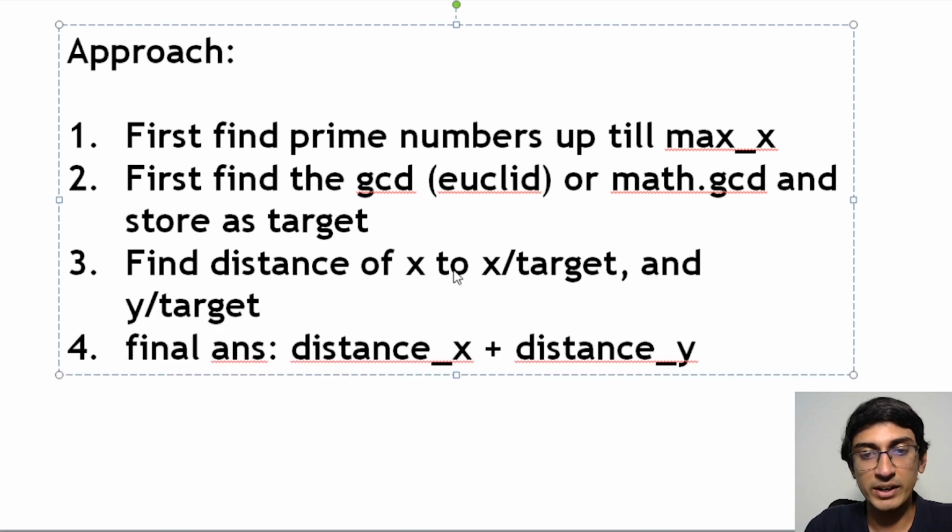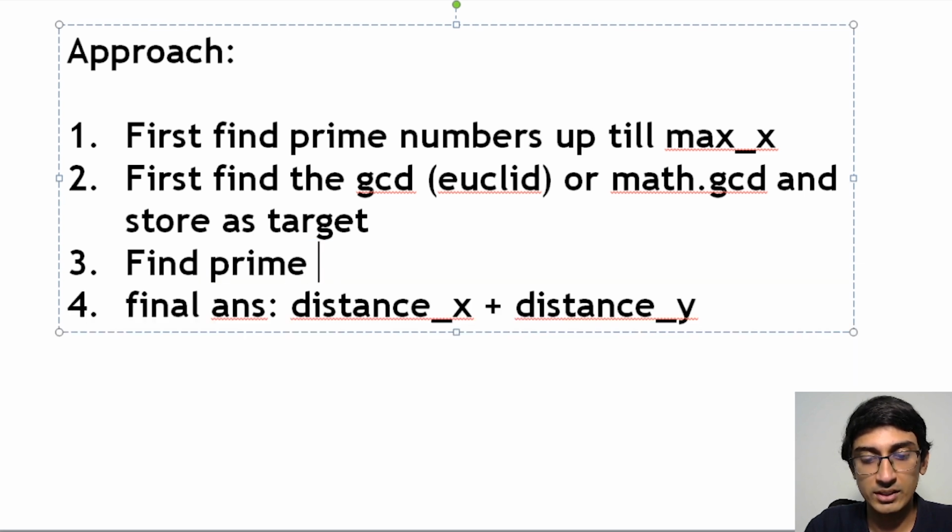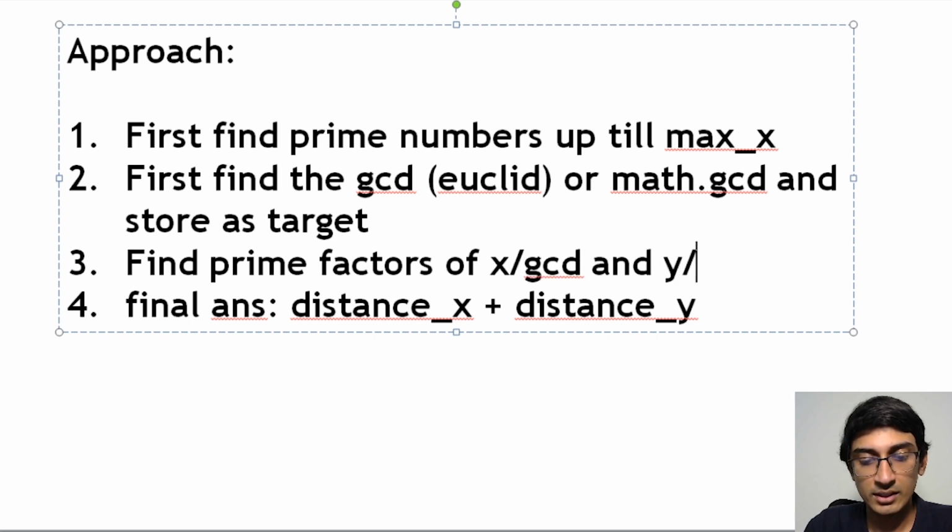So find distance of x to target and y to target is nothing but, for example, if you have to reach 20, take x as 120, divide by 20, and find the prime factorization of that. So in fact, I'll just word this better: find prime factors of x divided by GCD and y divided by GCD, and add them.